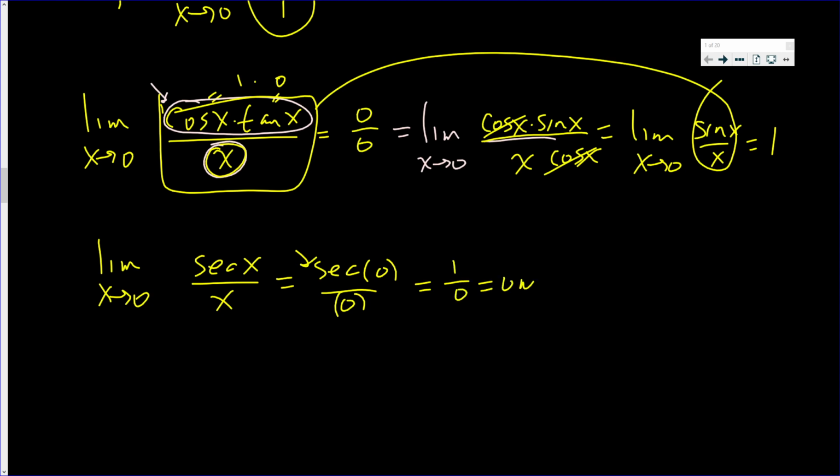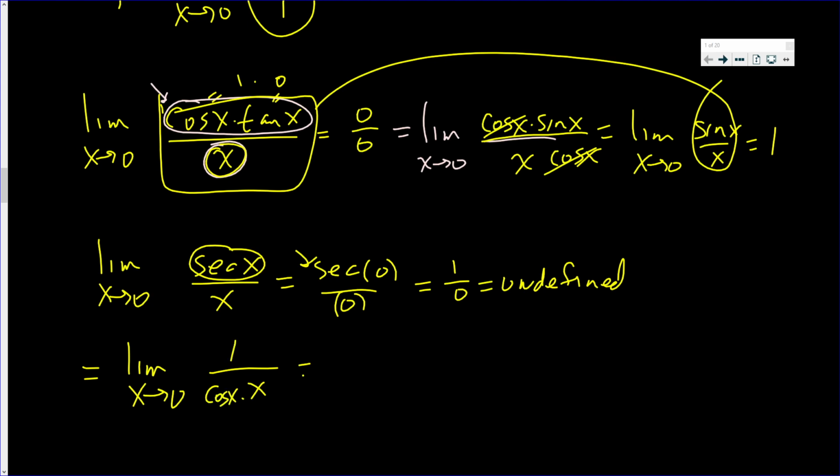You could have said this is the limit as x goes to 0; I'll keep the x on the bottom and this on top, which is the same as cosine x in the bottom with the 1 on top.